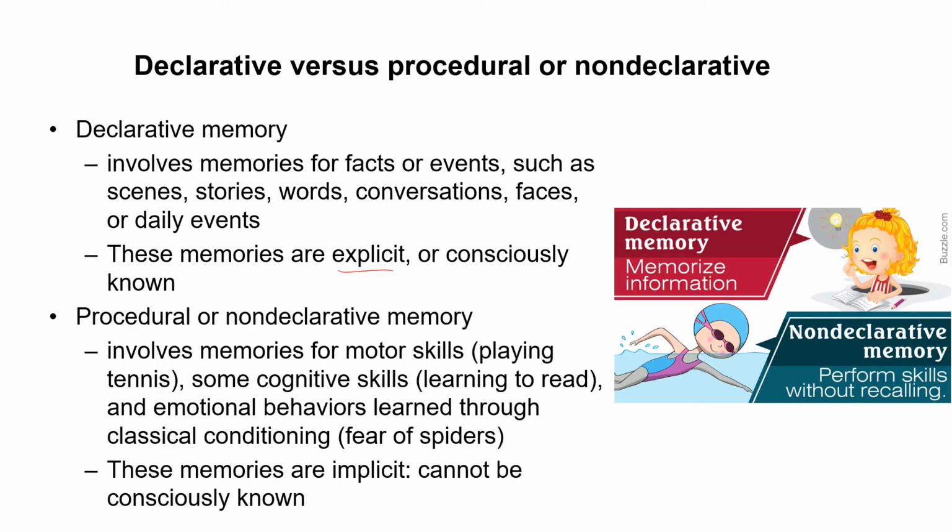Then you have procedural or non-declarative memory, which is going to be things like memory for motor skills, your cognitive skills, not necessarily information, but your skills, emotional behaviors, things you've learned through classical conditioning. These are implicit, as in they're not consciously known. We don't consciously think about these things. When you're first learning a new skill, it is more declarative.